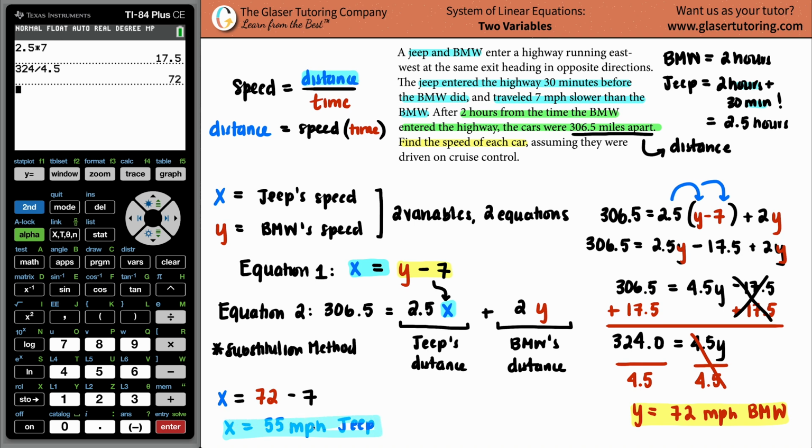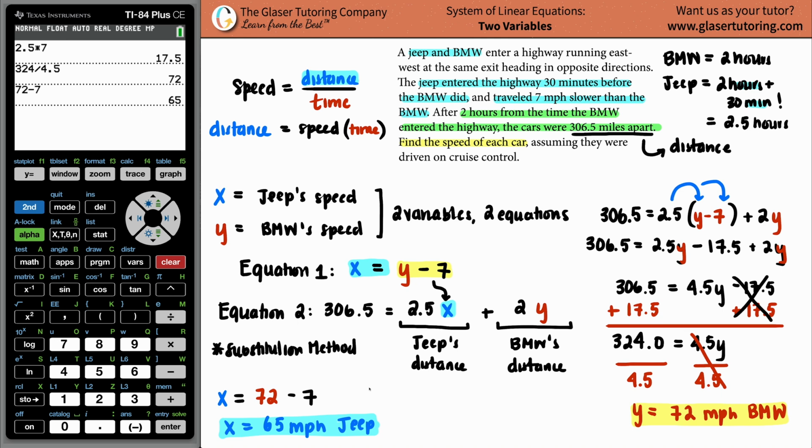And we could just double check on that if we just do this minus 7, 65. See? That's why sometimes you just have to always triple check. Don't be quick. Learn from my mistakes. And there we go, 65. Yeah, that makes sense. 72 minus 7 is 65, not 55.